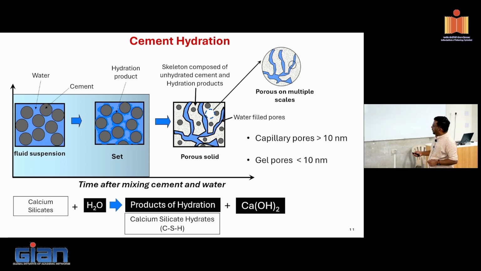So now, which one do you think is going to create more durability issues? Is it the gel pore or the capillary pore? Which is all connected? The gel pores you're looking at in this graded particle are very small, right? But the blue color is all connected, which is the capillary pore.